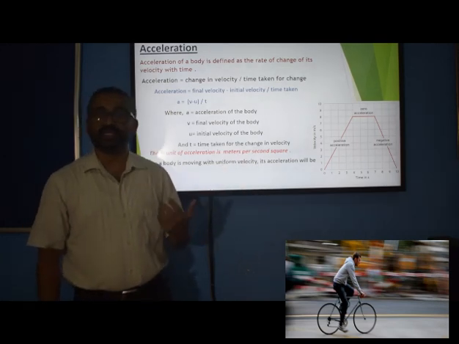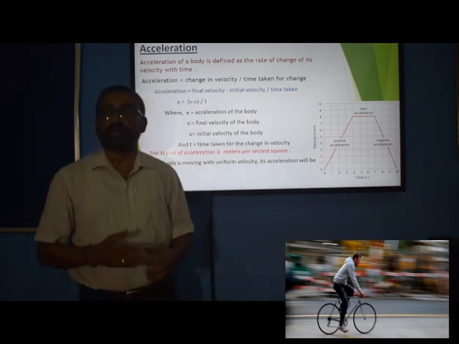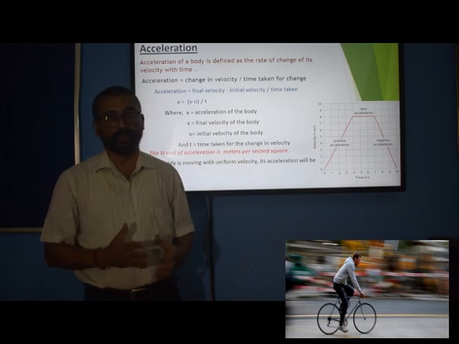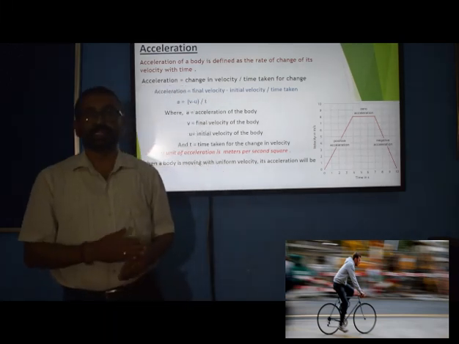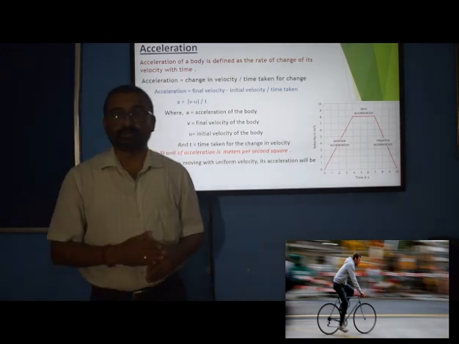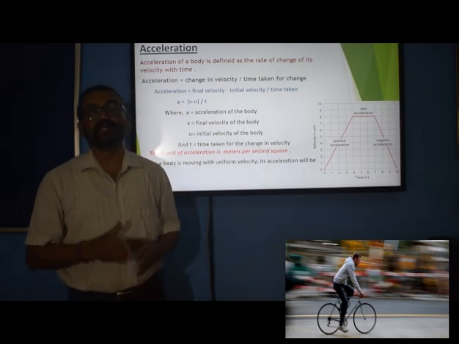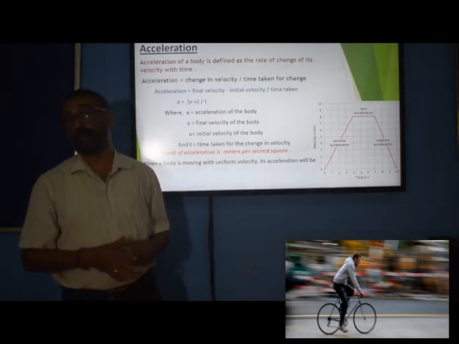The unit of velocity is meter per second, so divided by time, it comes to meter per second square. So the unit of distance is meter, unit of displacement is meter, unit of speed is meter per second, unit of velocity is meter per second, and unit of acceleration is meter per second square.